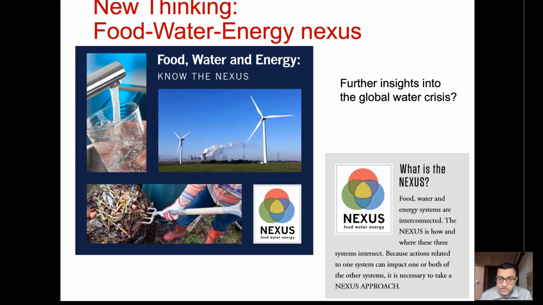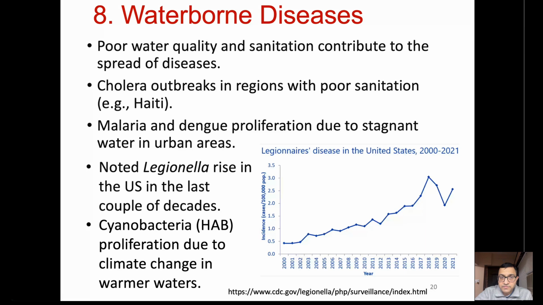It's not a zero-sum game. There are ways to leverage synergies that can improve efficiencies in food, water, and energy because of their interconnectedness in these systems. So there's been a lot of work looking at those synergies and efficiencies and the connections between the three sectors.